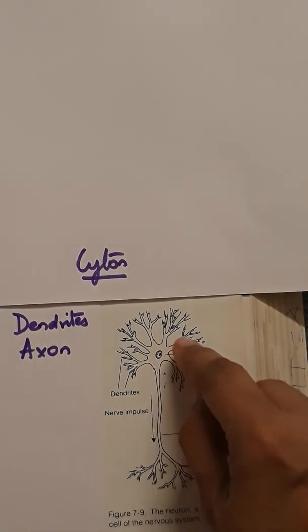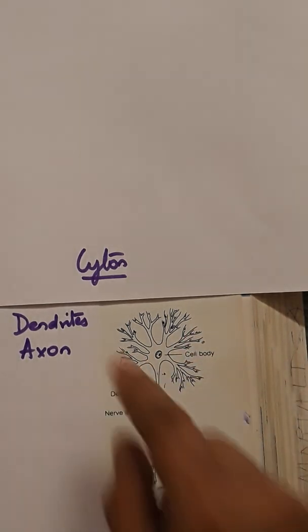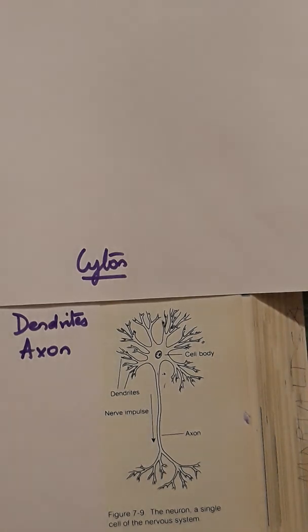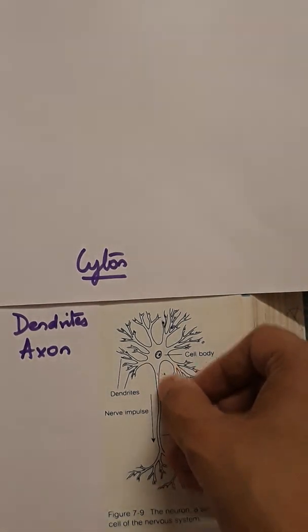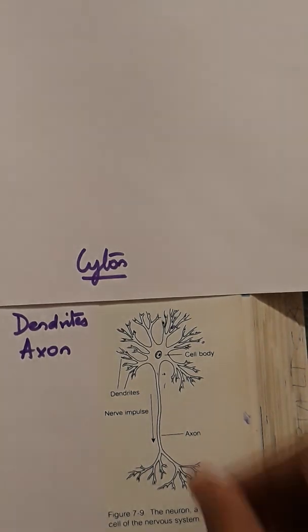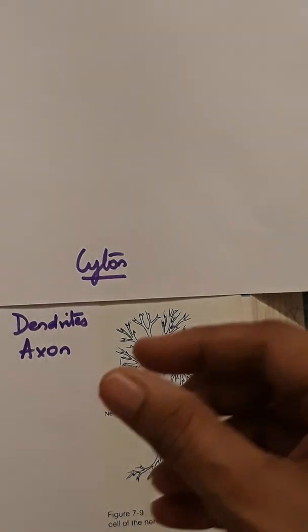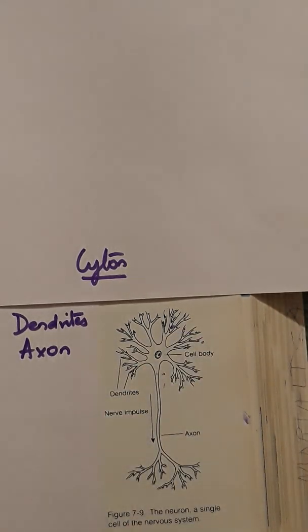Then from the main cell body are these branch processes. These branch processes are called dendrites. They carry electric signals towards the cyton, towards the main cell body. Then you have a long single slender process which is called the axon. This axon is covered with a fatty layer.